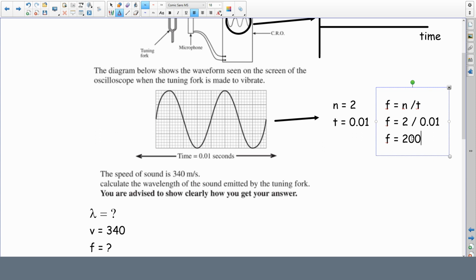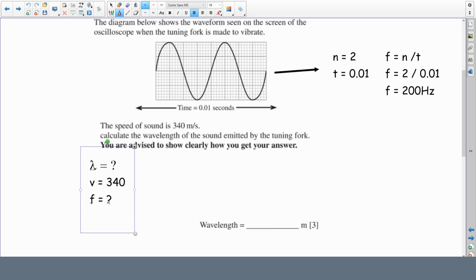Yeah, 200. 200 hertz. Okay, so we can now pop that back in here and we get 200. Now we're in the position that we have everything that we need, because we've got v equals f lambda as our equation.